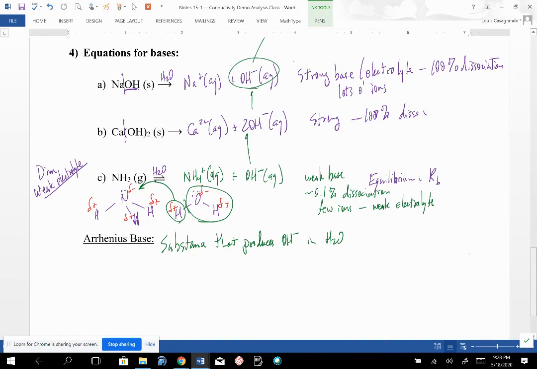Now, there is another definition of acids and bases that I kind of hinted at in here, and you'll see more about that in the next lesson. But for now, this is quite enough, and hopefully you will have a little bit more understanding once you get through the homework.